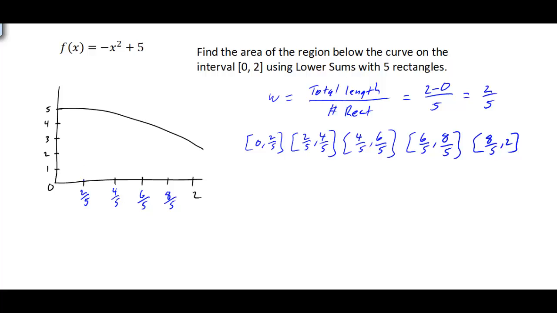But if I start from 2/5, and if I go up and then over to the 0, notice our rectangle is below our curve, and then we go up at 4/5, and then at 6/5, and then at 8/5, and at 2. So you'll notice that our area here is going to be a little bit less because we're missing this part here.